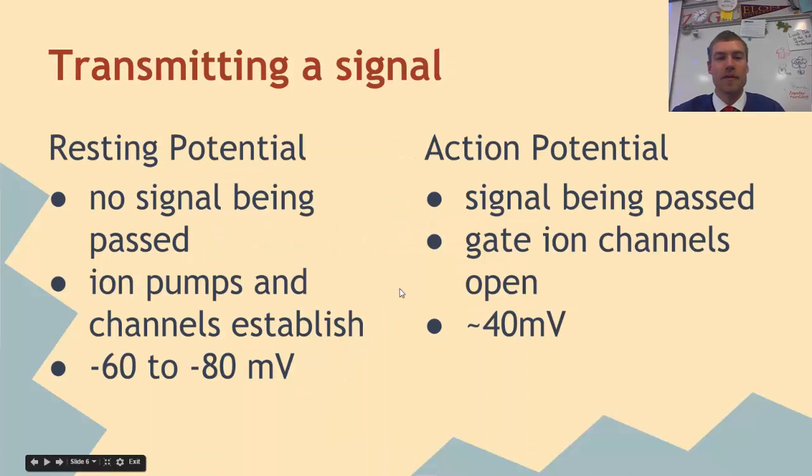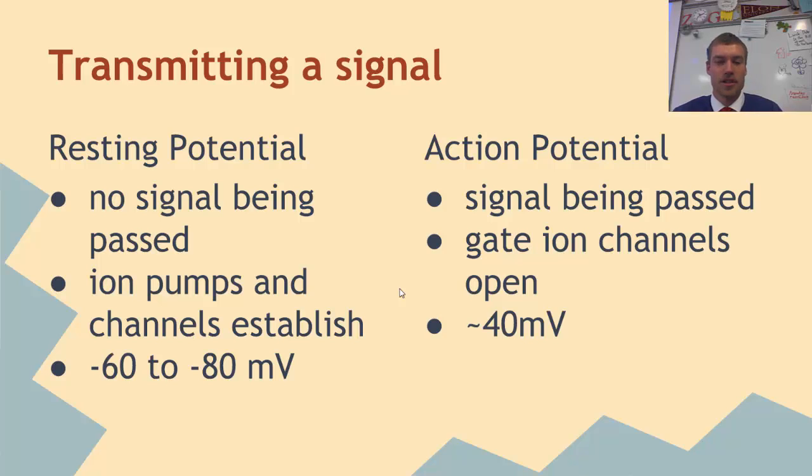So transmitting a signal requires two different things. We've got resting potential and action potential. And neurons do send electrical impulses, although the way that their electrical impulses are created is through chemical means. And I'll explain that as we move forward. But during resting potential, no signal is being passed. This is just kind of the stationary. The ion pumps and channels are used to establish that resting potential, and the resting potential is between -60 and -80 millivolts.